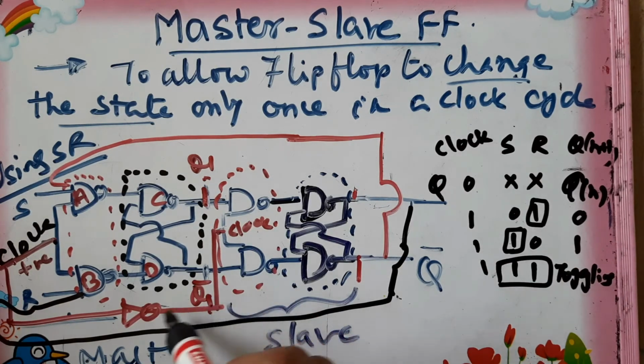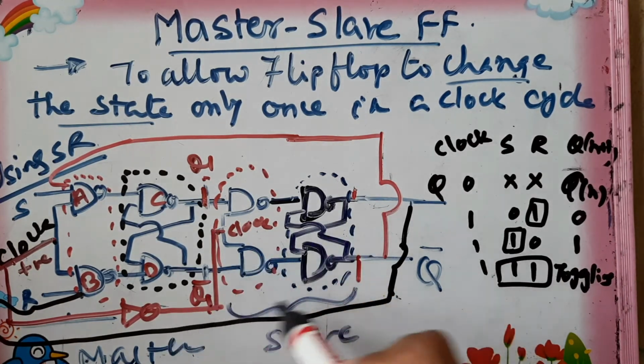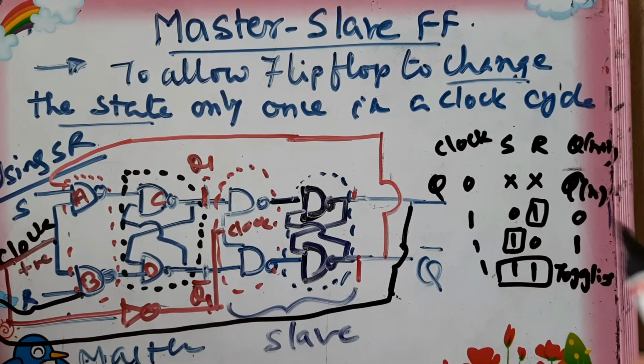Now whenever the clock will be active for the slave, at that time it will follow the reverse of this.